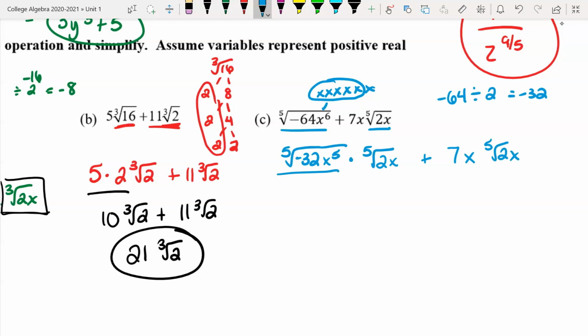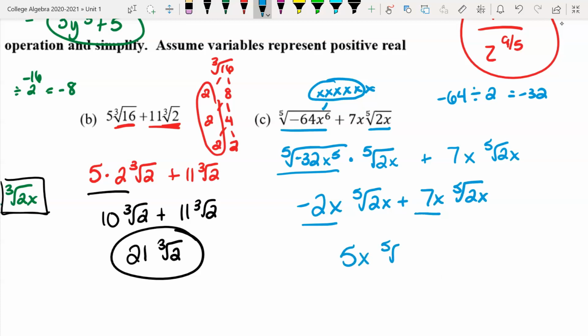This right here can be simplified into negative 2x fifth root of 2x plus 7x fifth root of 2x. So when I add these, I'm going to get 5x fifth root of 2x. And that would be your answer.